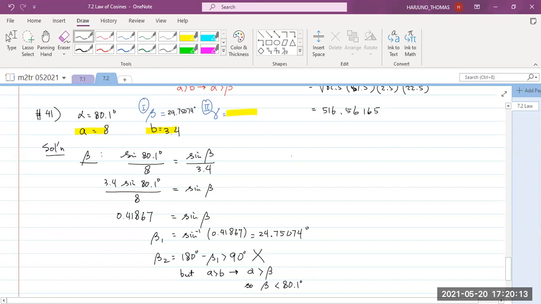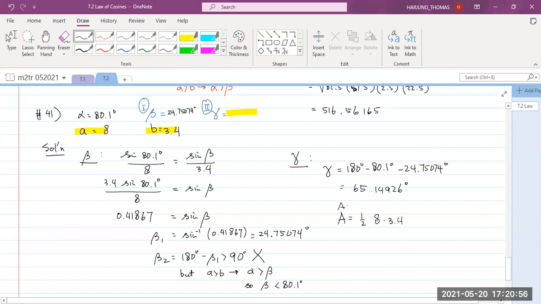From there we find angle gamma. Angle gamma is 180 degrees minus 80.1 degrees minus 24.75074 degrees. We get 65.14926 degrees.